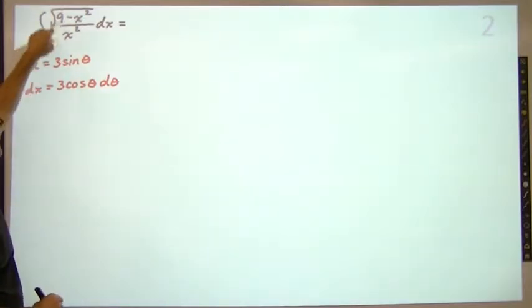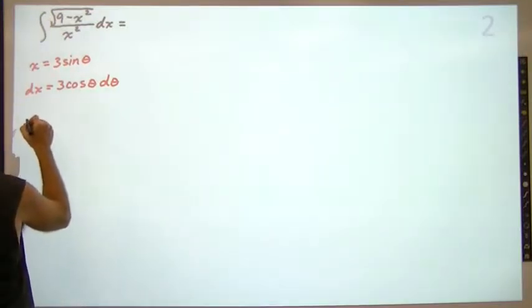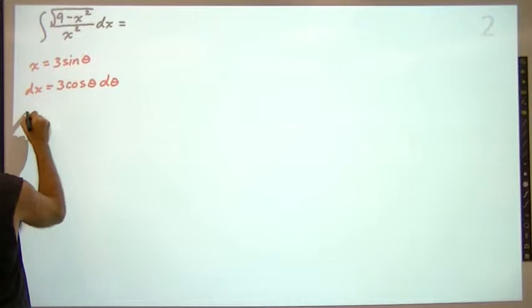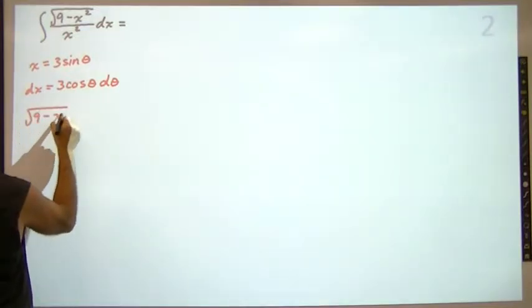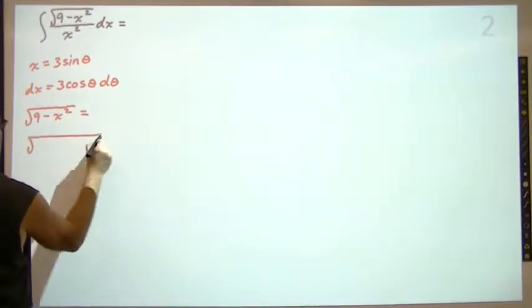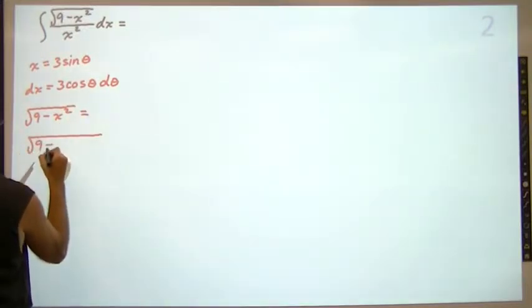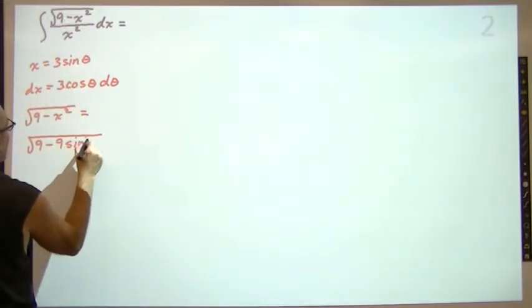So if x is 3 sine theta, then what's under my radical is going to be the square root of 9 minus x squared, which becomes the square root of 9 minus 9 sine squared theta.